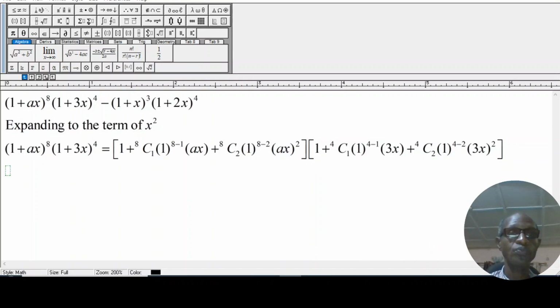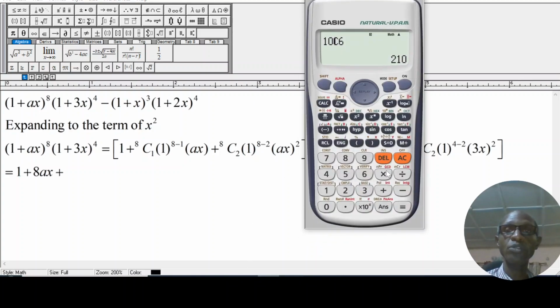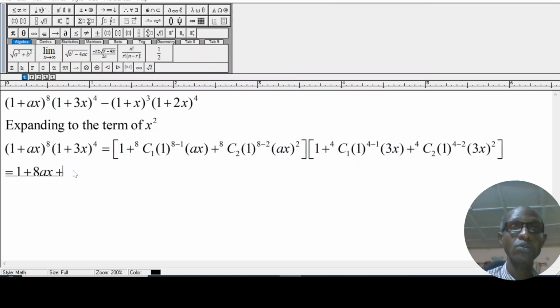So this equals 1 plus 8ax, plus 8 combination 2, which is 28. So 8 combination 2 is 28, 28ax all squared.